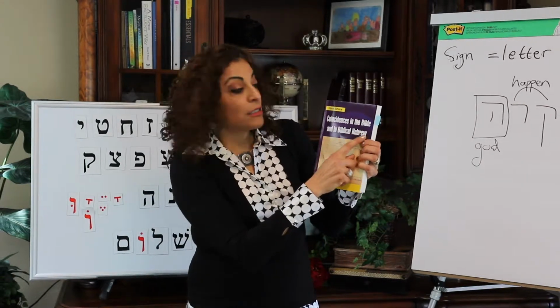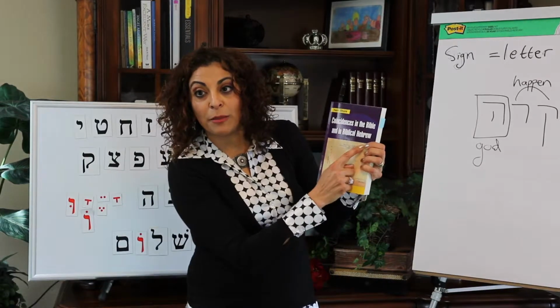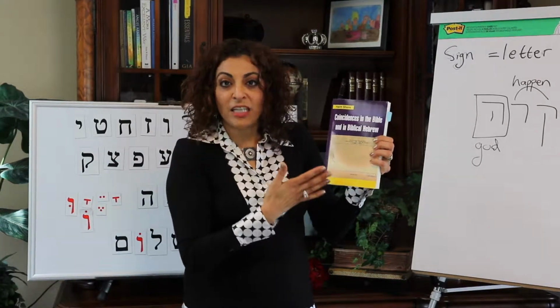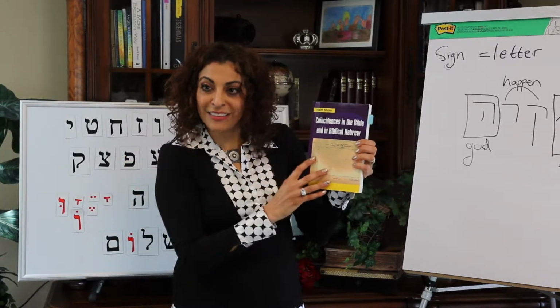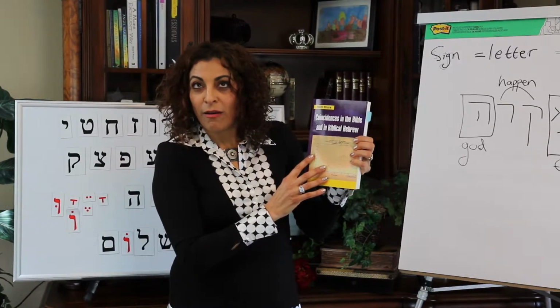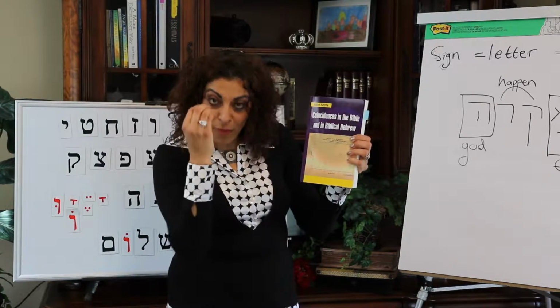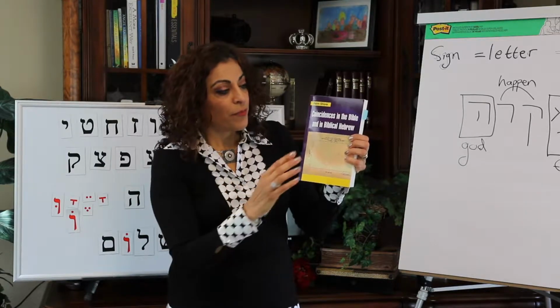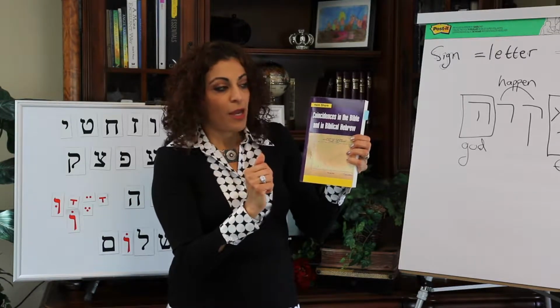It's called Coincidence in the Bible and in Biblical Hebrew. He has come up with at least 200 instances where he justified, from a scientific perspective, why the word is this particular word in Hebrew.